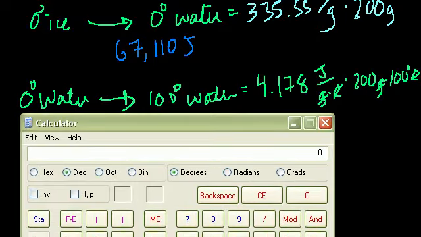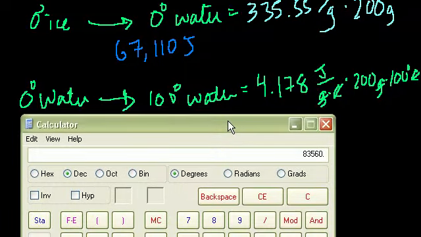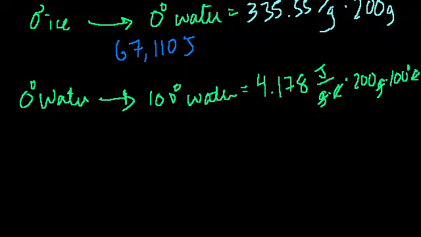Oh, I pressed the negative button instead of the times. 4.178 times 200 times 100 is equal to 83,560 joules. Okay? Does that look about right? Let's see. 4 times 200 is 800. 800 times 100. Yeah, that's about right.